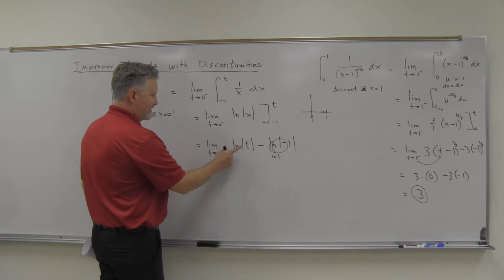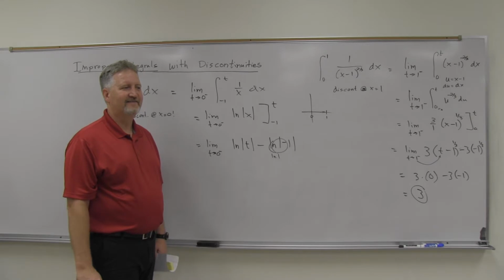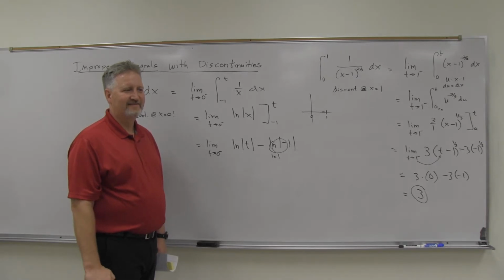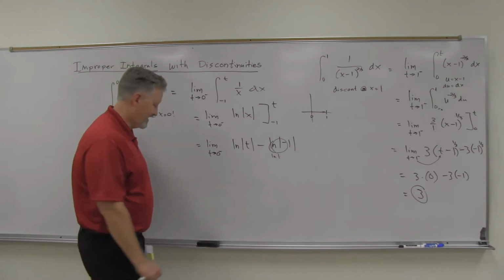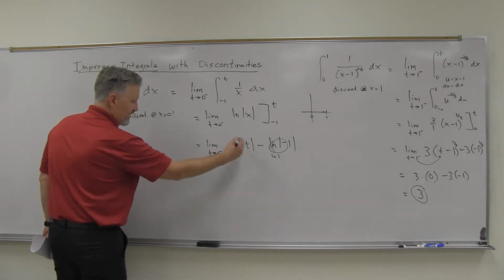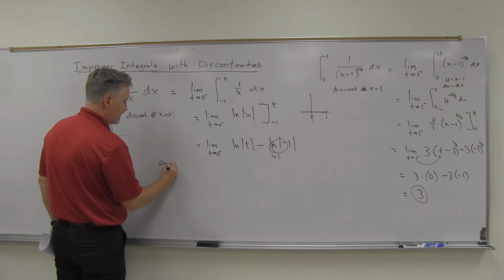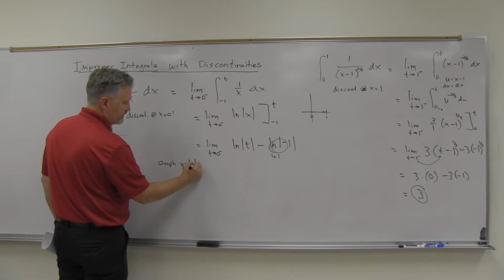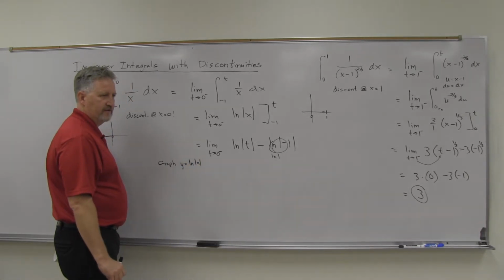What does this do as t approaches 0 from the left? Should we look at the graph? Yeah, let's look at the graph. If you have a question, look at the graph. In this case, we're graphing y equals ln of absolute value of x.